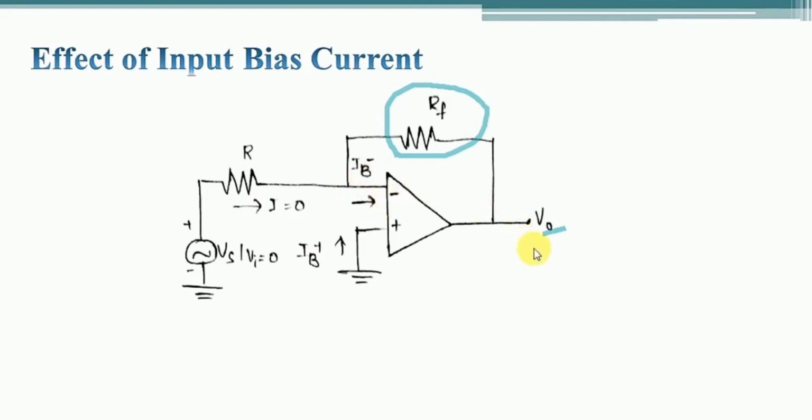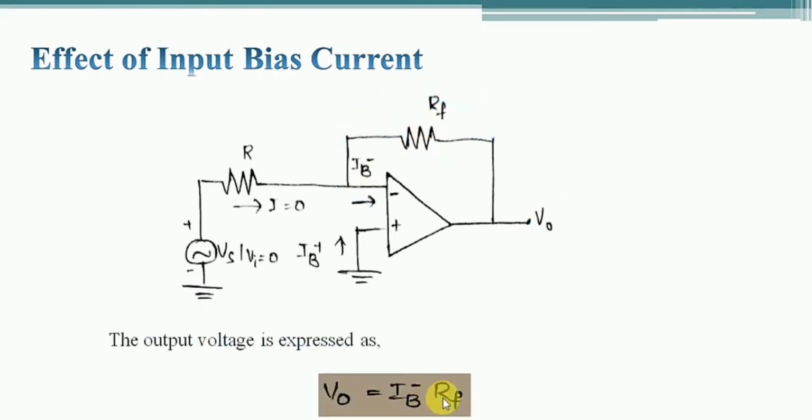If you apply KVL along this path direction, the current enters the resistor RF in this way. So we can write the V0 expression as IB minus into RF. The output voltage V0 is IB minus into RF.